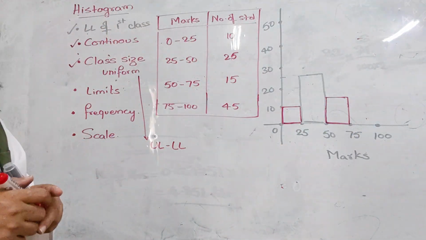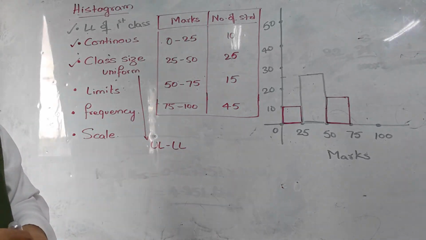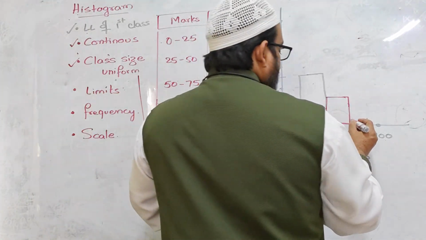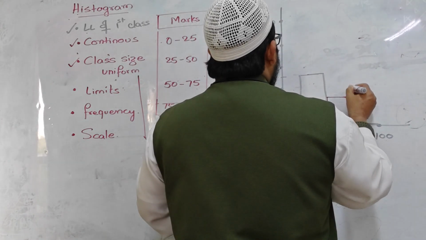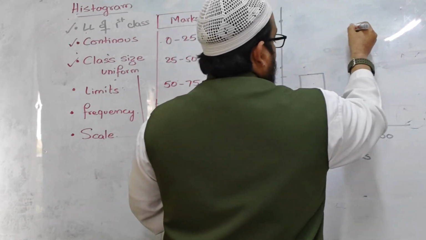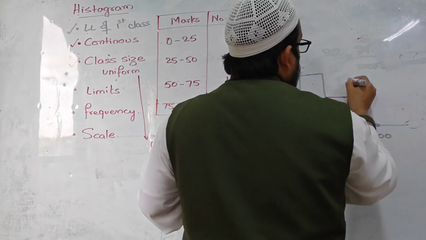Okay, then afterwards 75 to 100, it is 45. Where is 45, my dear students? It is between 40 and 50, somewhere here.